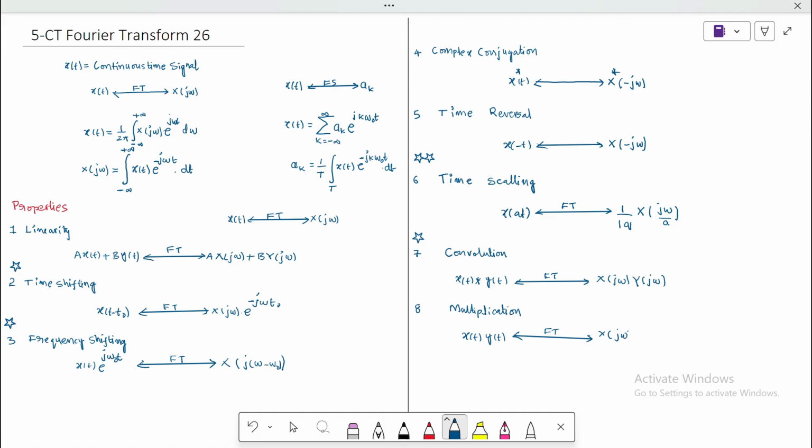So X of j omega convolved with Y of j omega. How to apply the convolution was already explained in the chapter, I think in video number three.